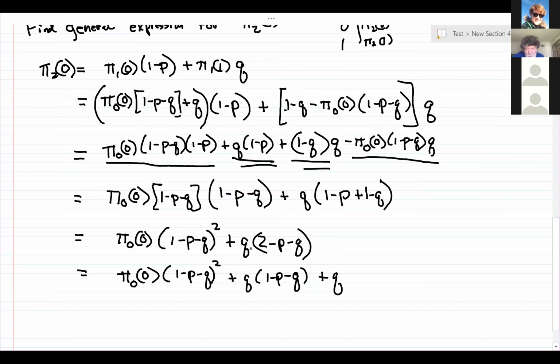So you could write this term this way, and I think that's what I gave you in class. They're both the same. Okay, so this is the second part of that problem. You could either stop here at pi 2, 0 is equal to this, or stop here. They're both the same.